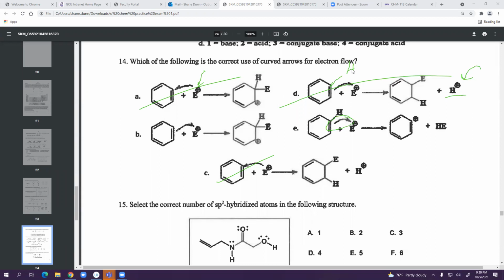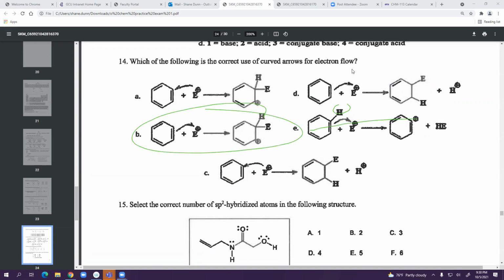It's showing the arrow from the bond going to it, but it's not breaking the electrons. Also, if H were to leave, would it be positive or negative? Positive. Can positive bond with positive? No, that's why E is wrong too. The answer is B.